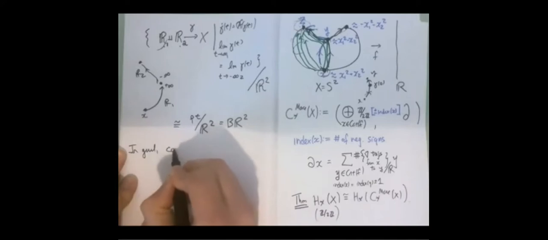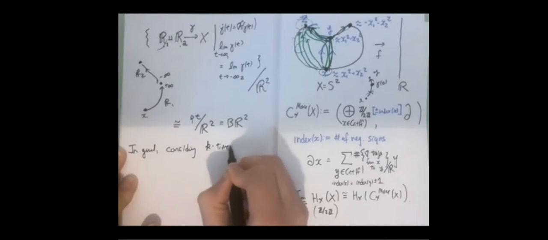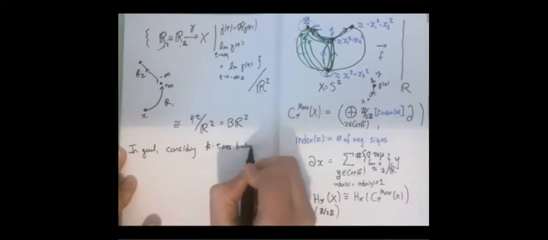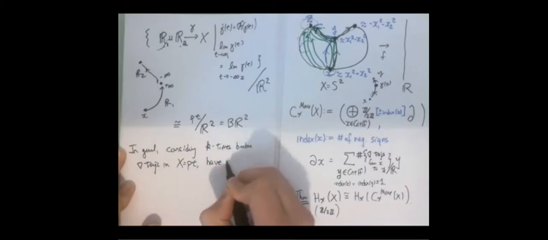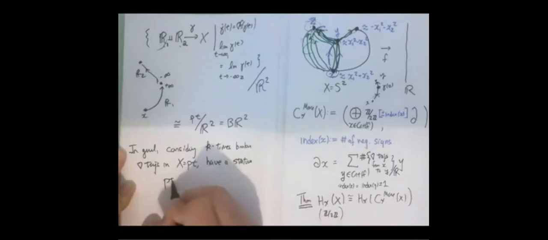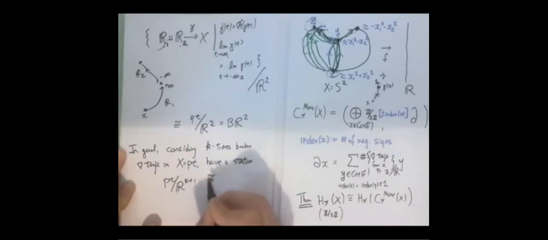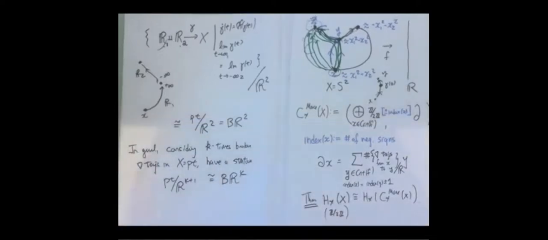by considering, let's say, k times broken gradient trajectories in my manifold X being a point, we have a stratum, point mod R to the k plus 1, which is, of course, the stack BR^(k+1).